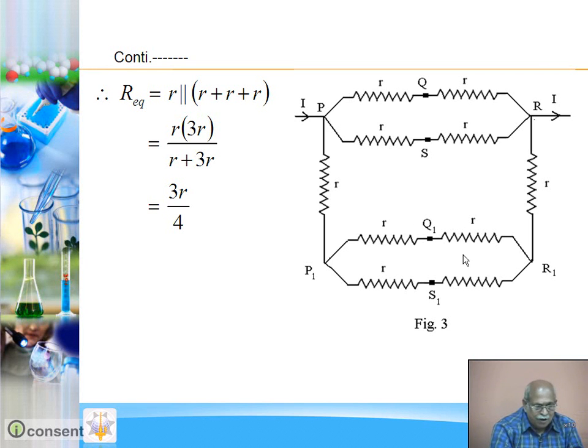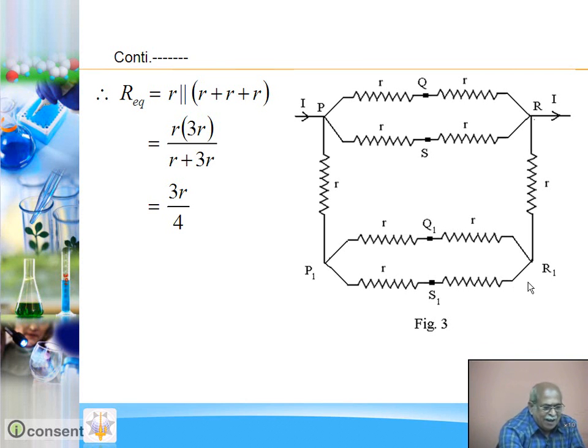P1 Q1 R1, two resistances R R. P1 S1 R1, two resistances R R. Now what remains is this R and R together 2R, this R and R together 2R. Similarly, here 2R and here 2R.